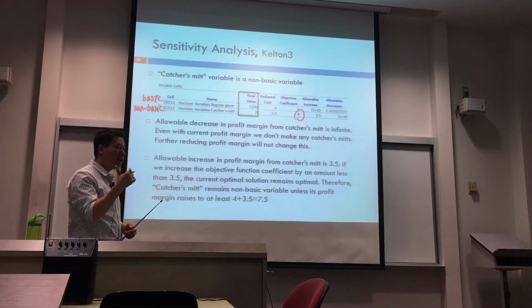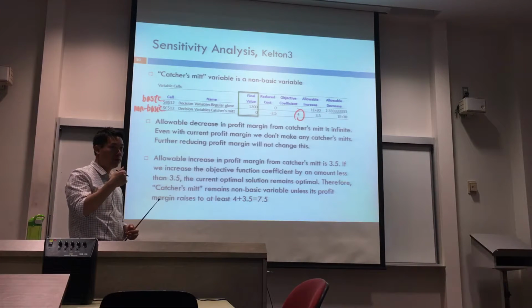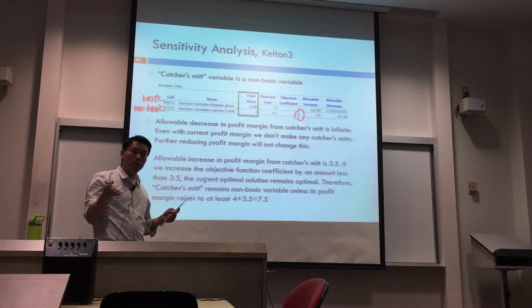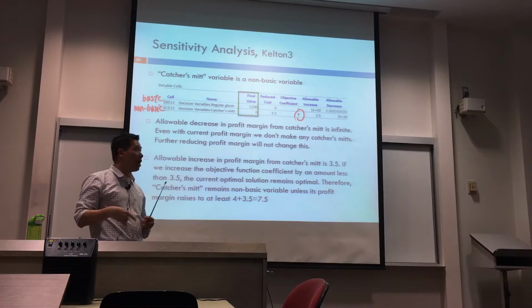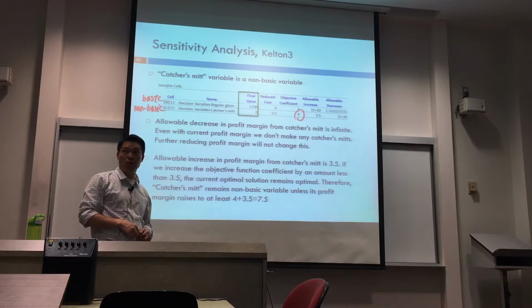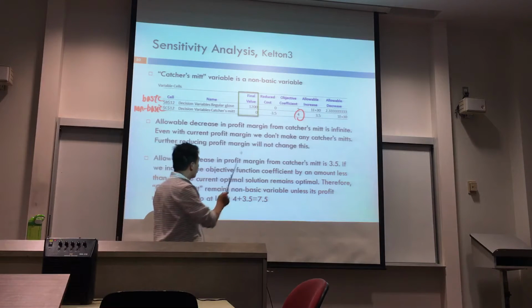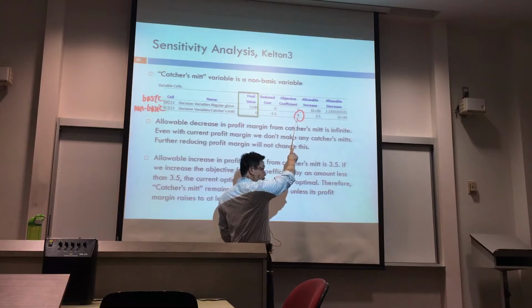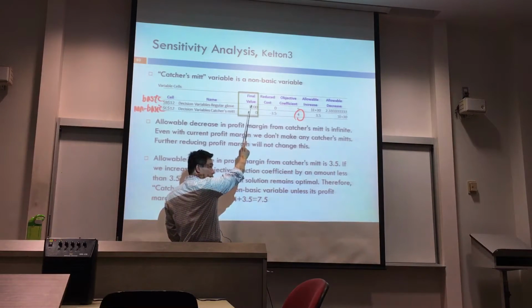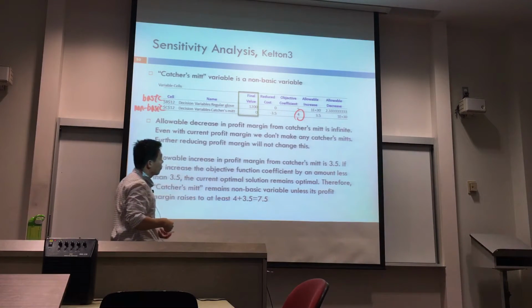At a profit margin of 4 per unit, you don't produce anything. If you decrease it to minus infinity, of course you're not going to produce anything either, right? So you can decrease the number as much as you want, the final value will be the same. It's still going to be 0, right?